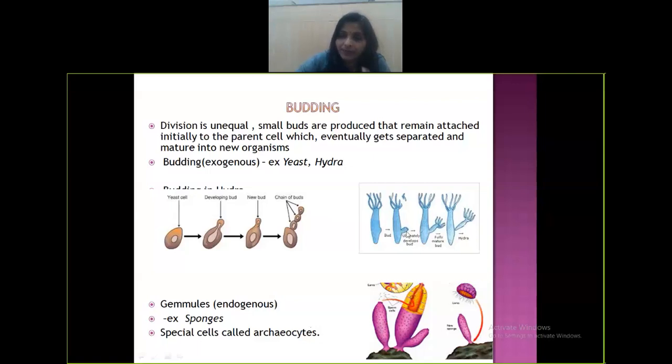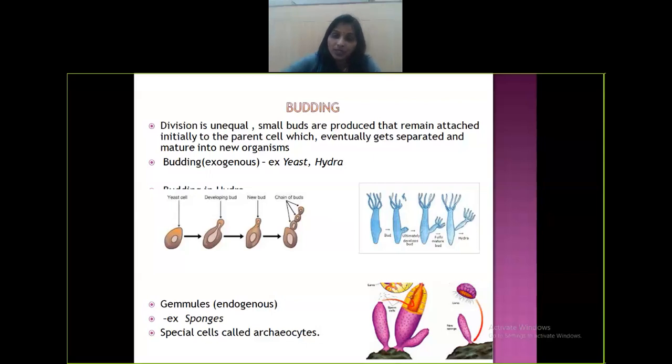See the difference. This is outside, exogenous. Here it is inside, endogenous. In sponges, we give it the name gemmules. Gemmules is the name given to the bud when it is produced internally.